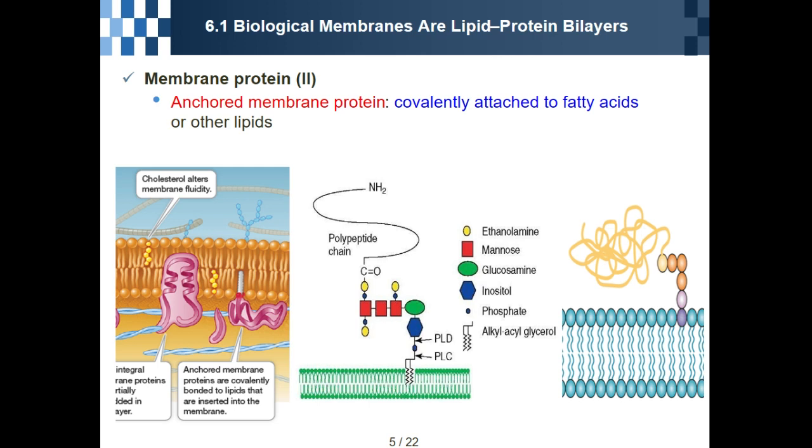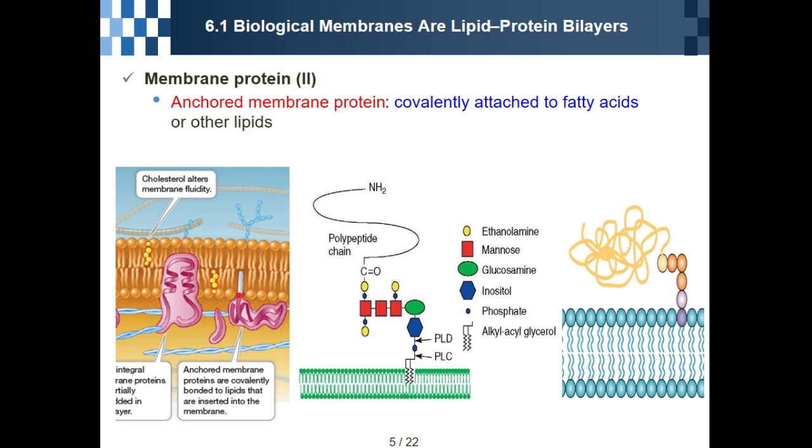In this case, we call it an anchored protein. Anchored protein means that they are covalently bonded: the peptide has a carboxyl group, and between it and the amine they are covalently bonded like this.